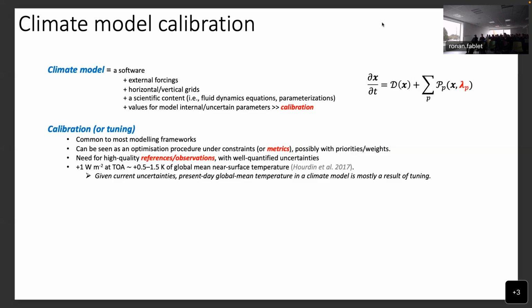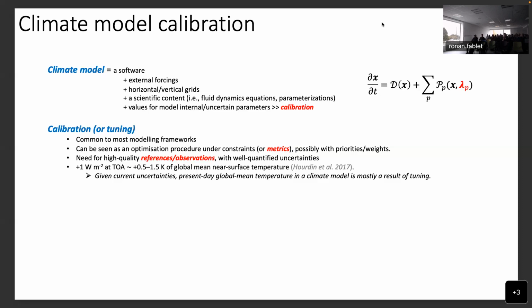As an example of the importance of calibration, an important metric for climate models is to have a top of the atmosphere budget at equilibrium or close to equilibrium. This means that we need to achieve the top of the atmosphere budget within less than 1 watt per square meter, because if we are just 1 watt per square meter off, it means that at the surface, the global mean temperature is about plus or minus 0.5 to 1.5 Kelvin off from the observations.